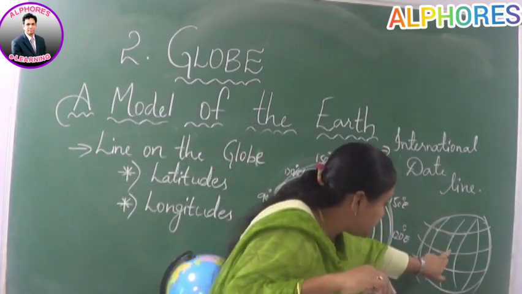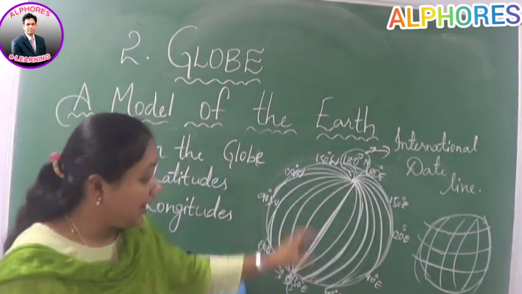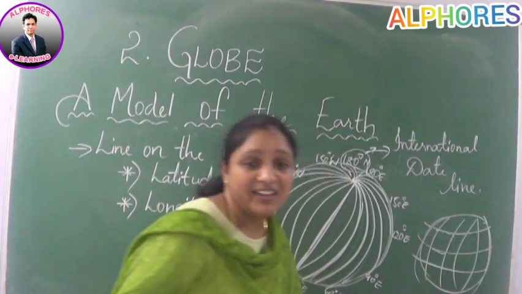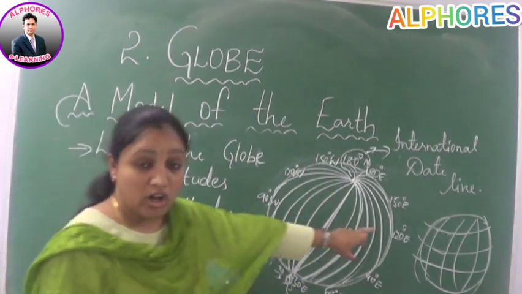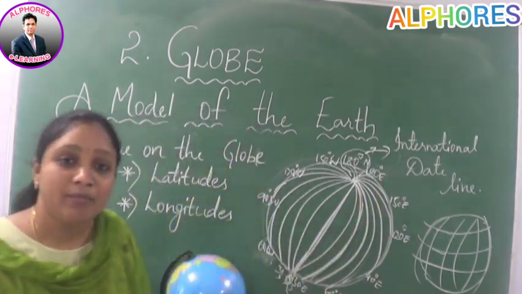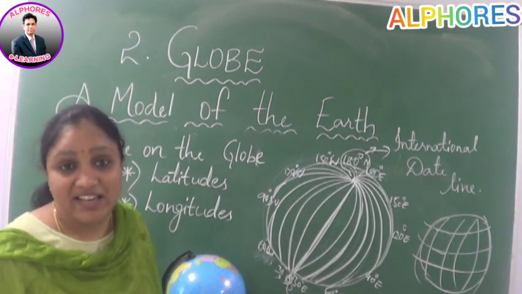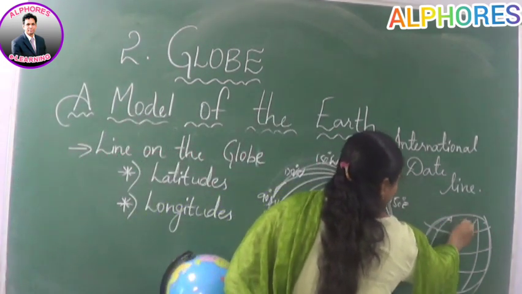The box which is formed over here is called a grid box. This grid box helps us to locate places easily. Why? Because each and every grid has its own number.